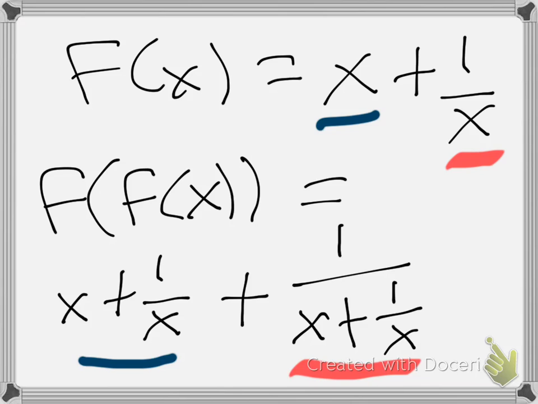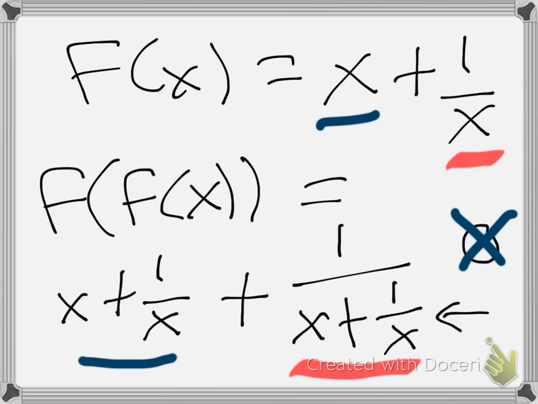And again, it's not simplified, but I need to figure out some problem points in my domain. So first off, if you look at the first term, there's no denominator, but in the second term, 0 would make that a 0 denominator. So 0 is out. It also would make this denominator right here, just the little 1 over x, 0.